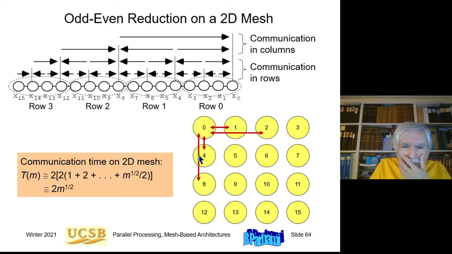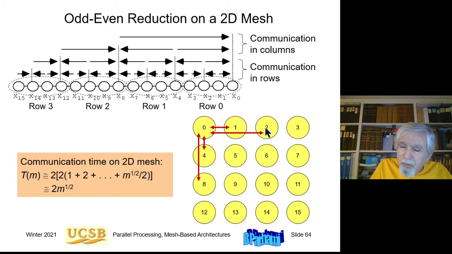So initially, each of these processors has one of the equations. Then 0 needs to communicate with 1, okay, and 1 with 2. I should say 1 would communicate with 0 and 2, but those are neighbors, so it takes just one step. Then in the next step, 2 will communicate with 0 and 4.